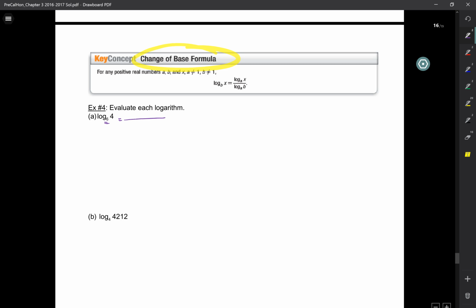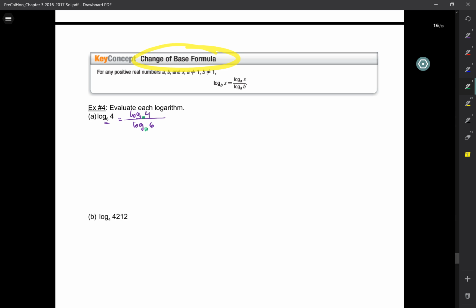Luckily, it's one of the easiest things you will ever do this semester, or this year rather. What we do is we construct a fraction. Now, I have here log of 4 over log of 6. When I do that, I've now changed the bases into 10.